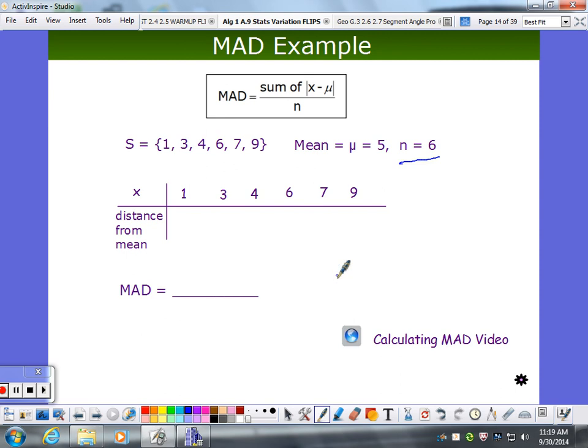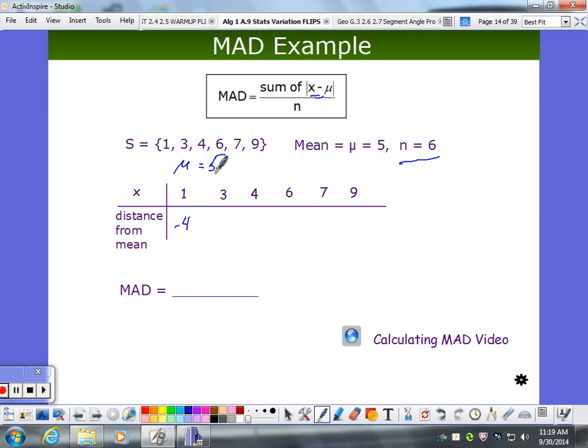So I'm kind of looking at my formula here. I need to find these guys. x minus mean. All right, so my mean is 5. Okay, so 1 minus 5, right? What's that?